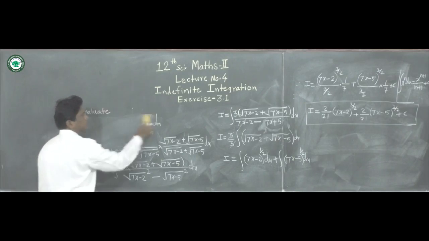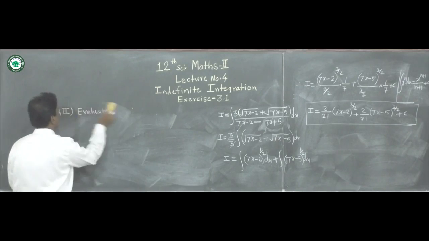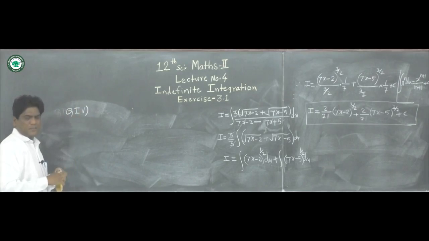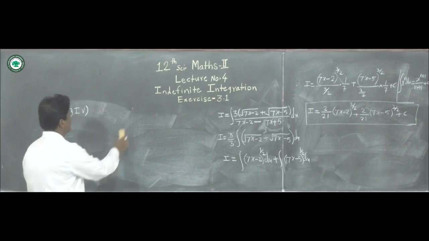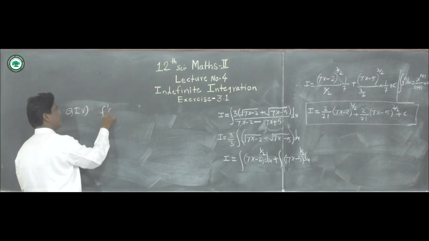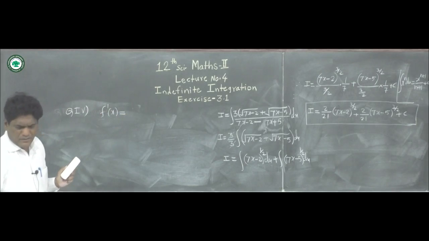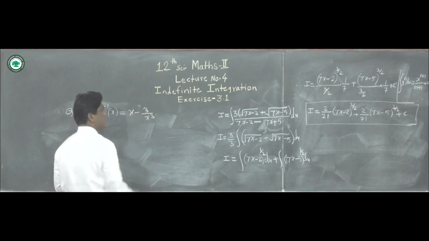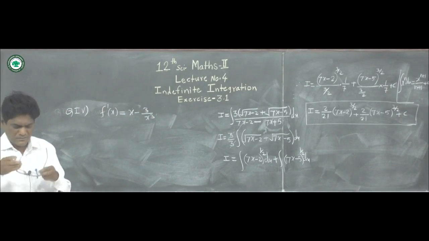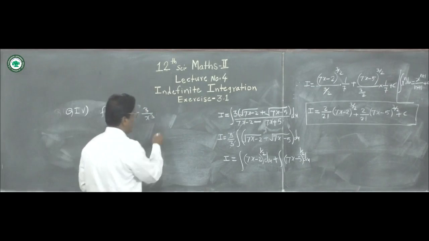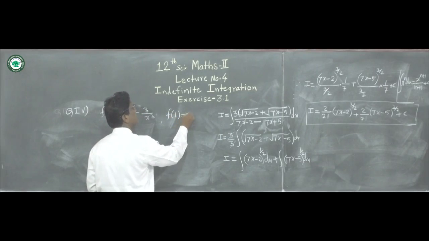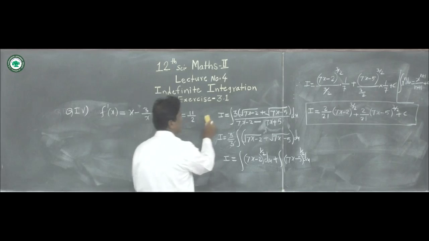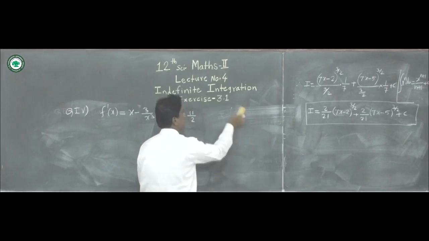See here, question number 4. f dash of x is equal to (x minus 3) upon x cube, f of 1 is equal to 11 upon 2, then find f of x.